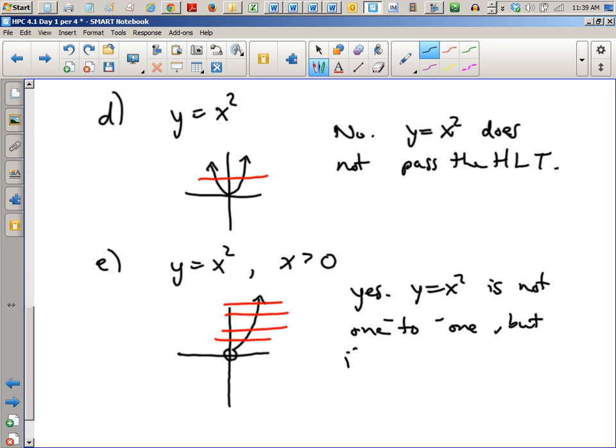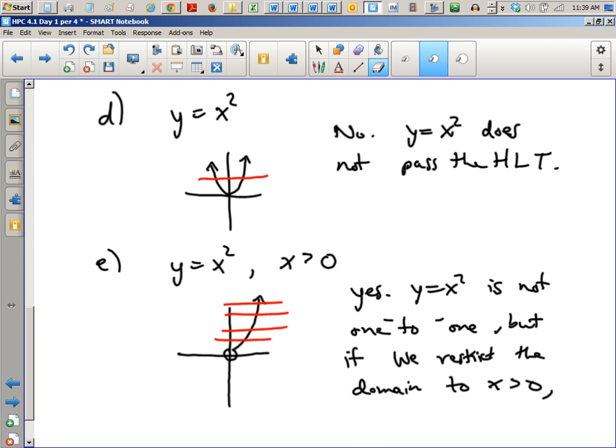But if we restrict the domain to x being greater than 0, the graph is one-to-one. The function is 1 to 1. Okay, so the restricted function is 1 to 1.